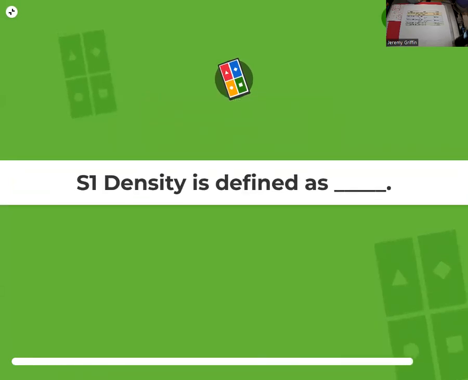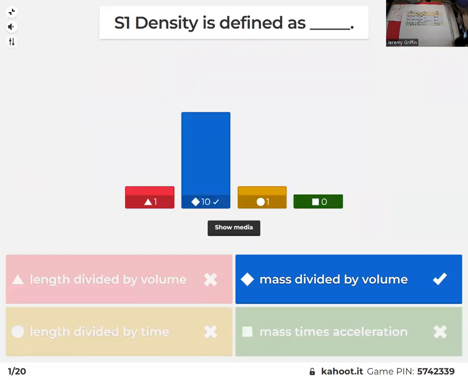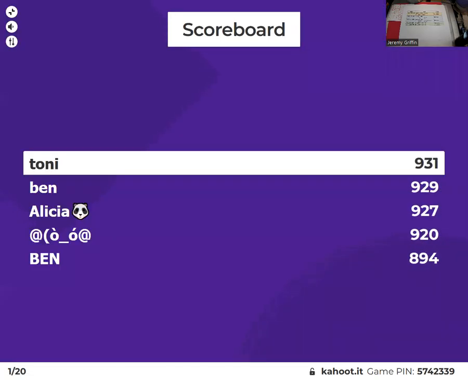Density is defined as mass per unit volume. Good call. That might be kilogram per cubic meter. That might be gram per cubic centimeter. Okay. Mass per unit volume.